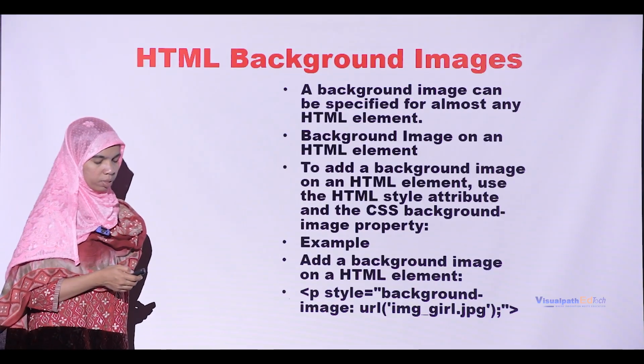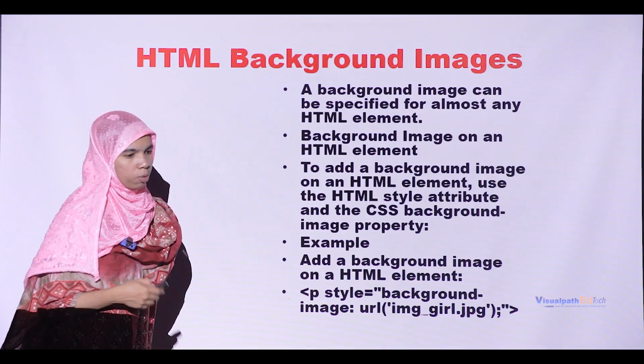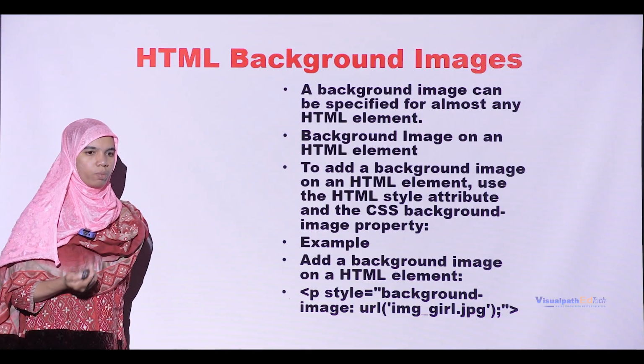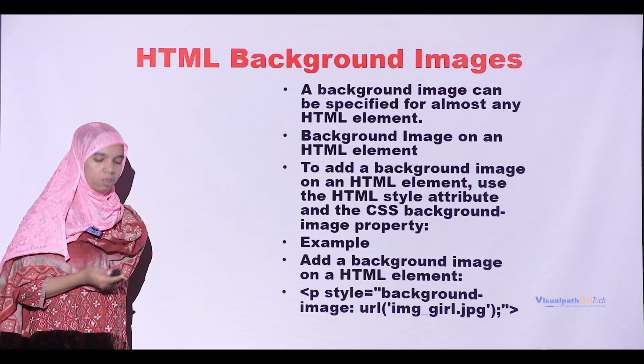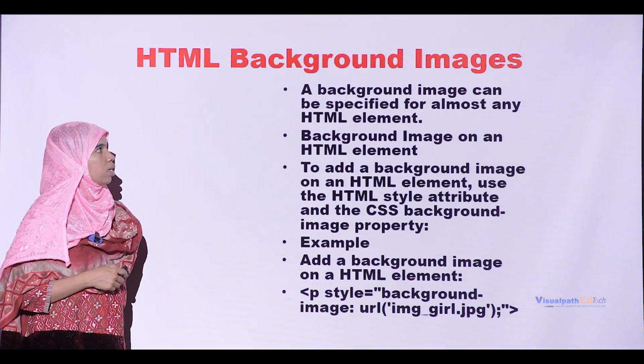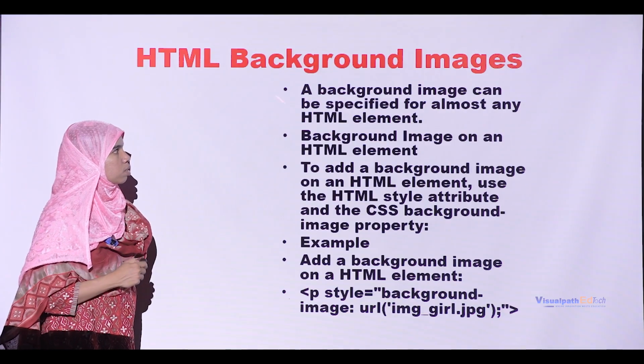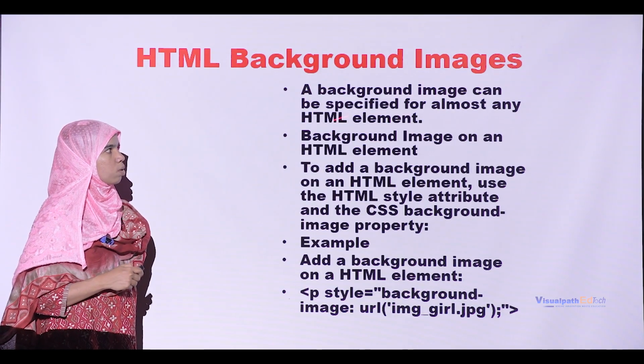Now, background images. So far we were discussing textual formatting, how the images will be displayed, what the attribute is, what a frame is, and so on. Now, let us understand a few terms about background images.